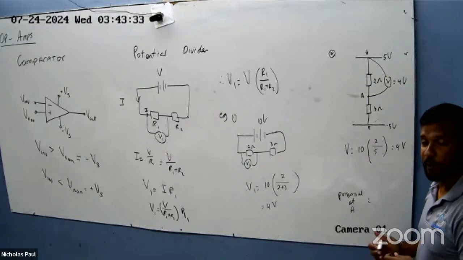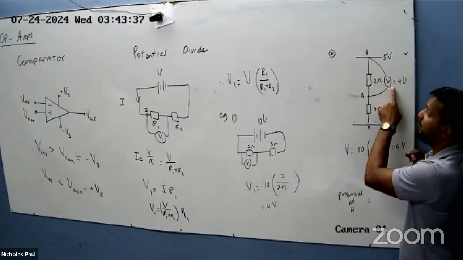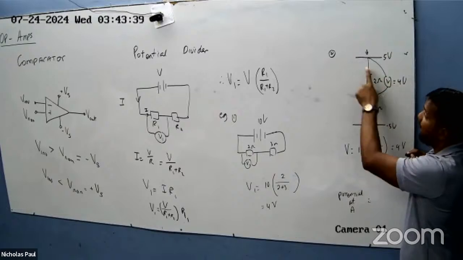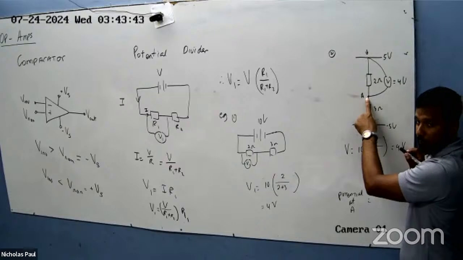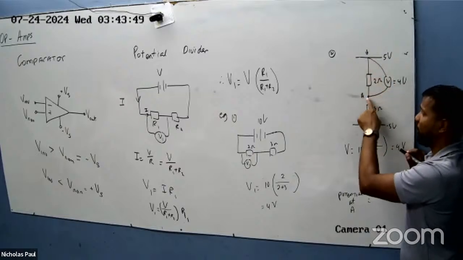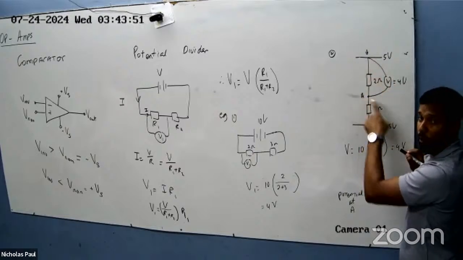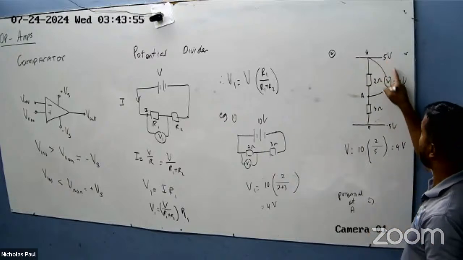So, Nikolai, if the voltmeter is reading 4 volts, and here is 5, what value do you think is here? Here is 5, the difference is 4. So how much is here? 1. So the potential at A is 5 minus 4.